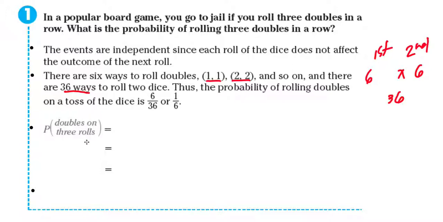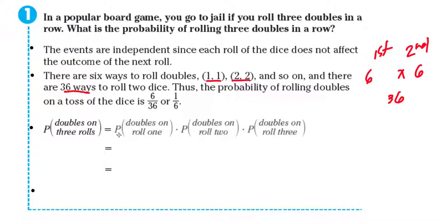And the other way is using the formula for finding the probability of 2 independent events. In this case, 3 independent events. So, the probability of getting doubles on 3 rolls would be the probability of doubles on roll 1 times the probability of doubles on roll 2 times the probability of doubles on roll 3, which is basically 1/6 times 1/6 times 1/6, which is the same as 1 over 216.